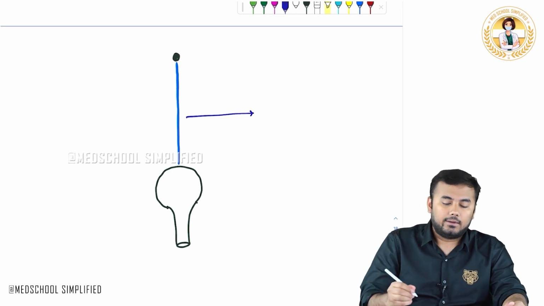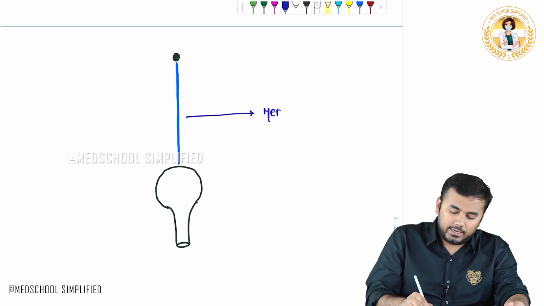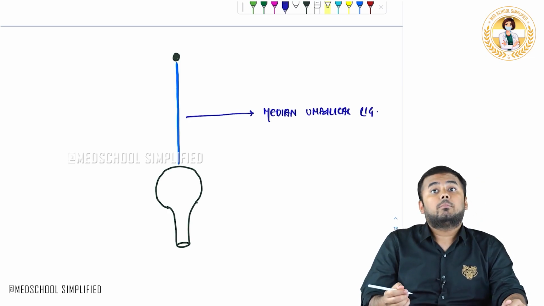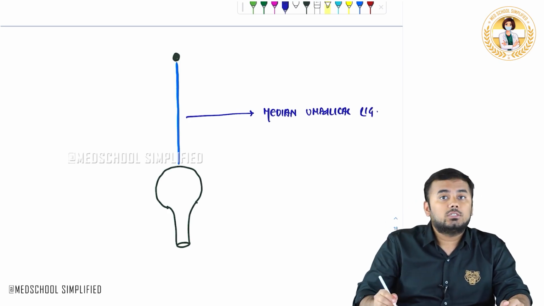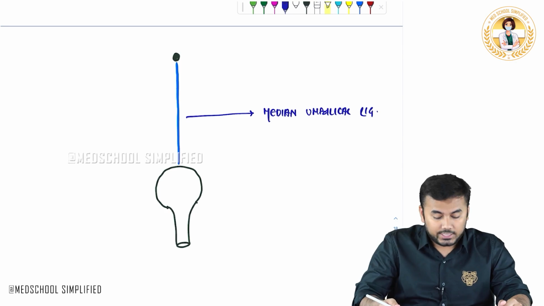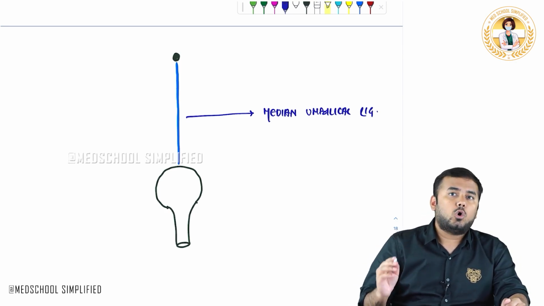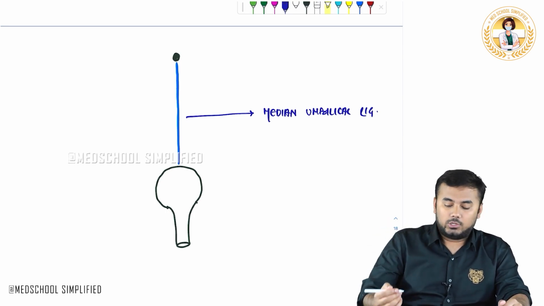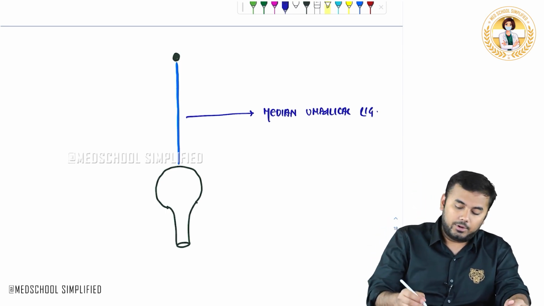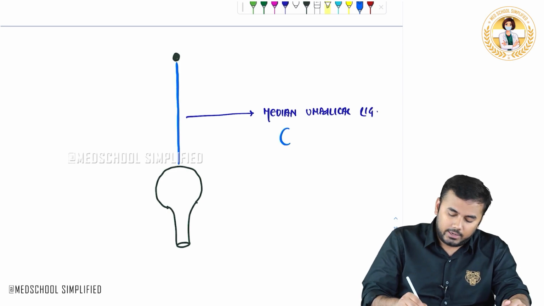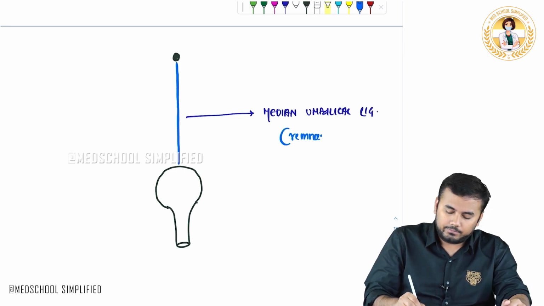So this is the median umbilical ligament. Previously it was the urachus, a connection between the umbilicus and the urinary bladder. That urachus obliterated and transformed into the median umbilical ligament. So the median umbilical ligament is a remnant of the urachus.